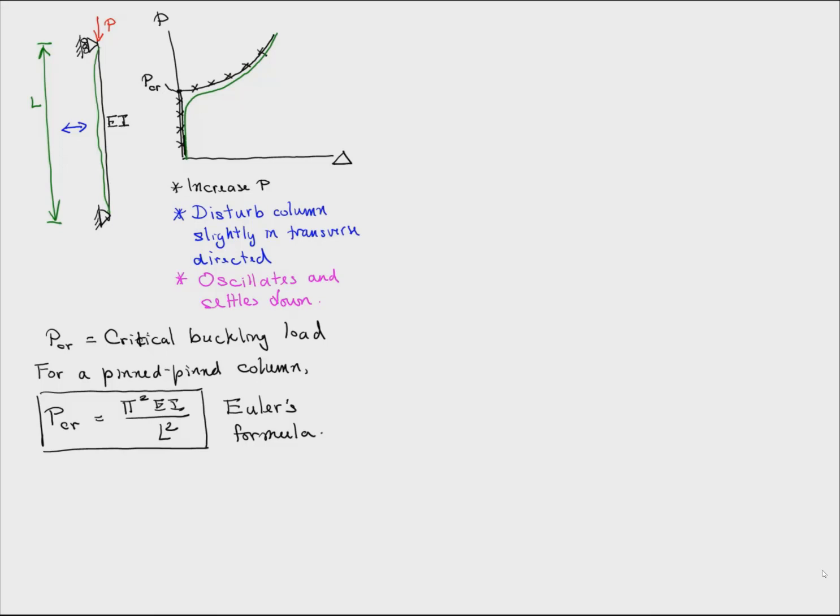So to understand this formula, let's just build some intuition. Let's take two members, one like this and apply an axial load, and another which is longer, same cross section but longer, again subject to an axial load, so that, for example, this column would buckle in this shape.